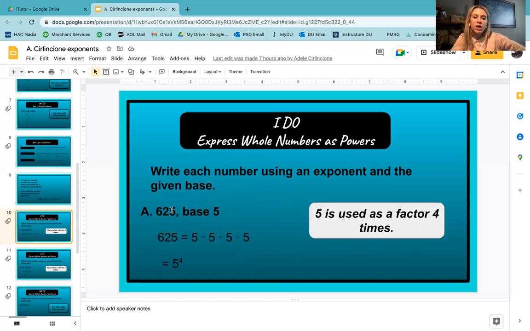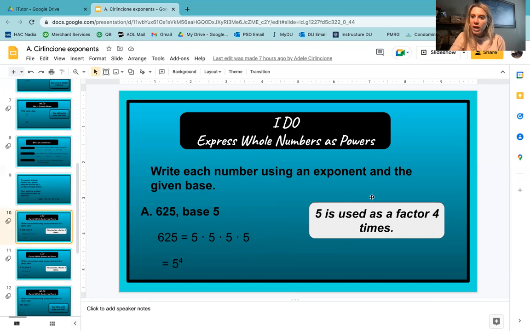So here I have 625, and I'm telling you that the base is 5. If the base is 5 and we need to end up with 625, we need to figure out how 5 is going to be used as a factor to get to 625. So 5 is used as a factor 4 times.